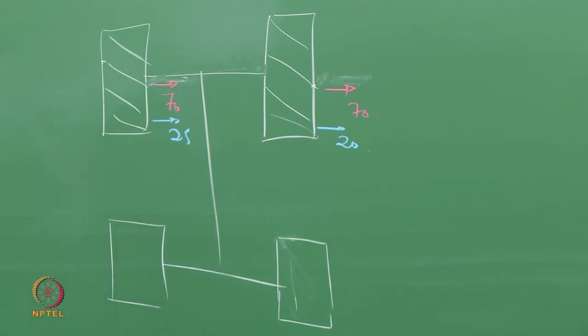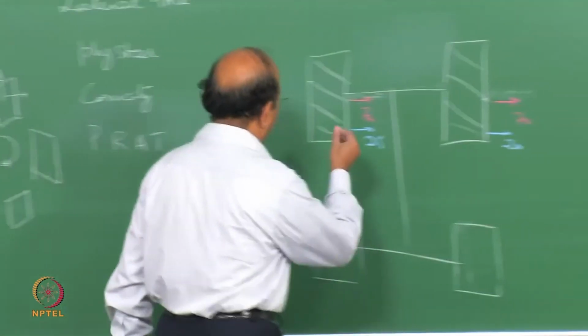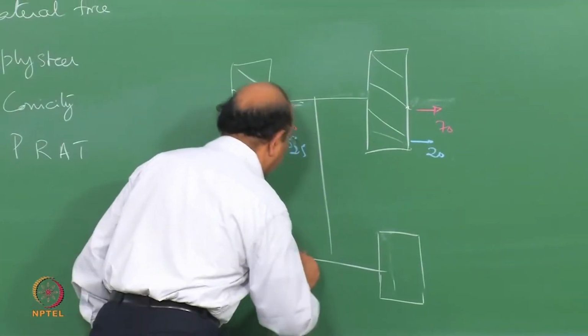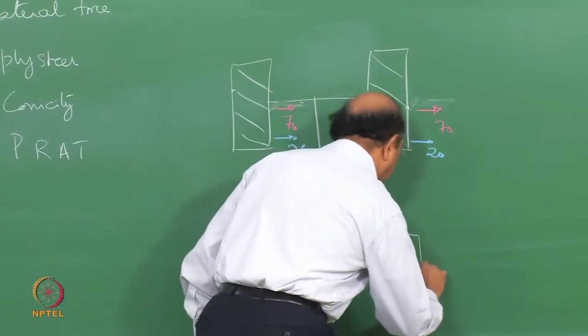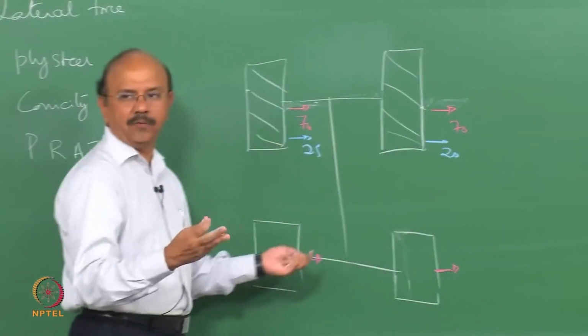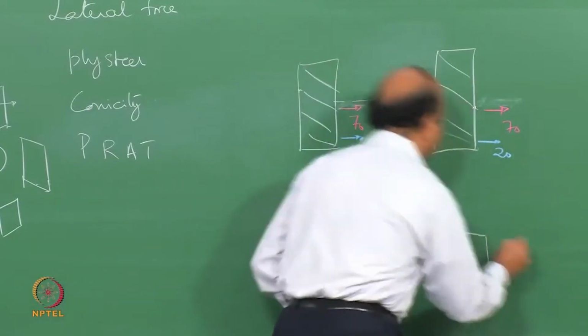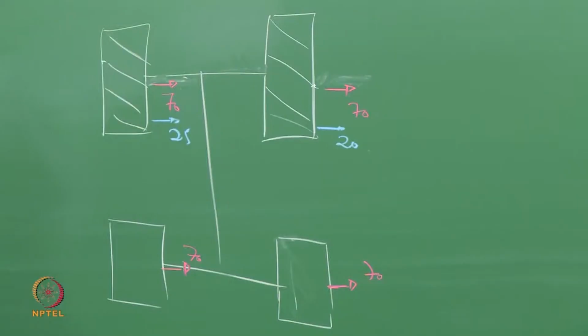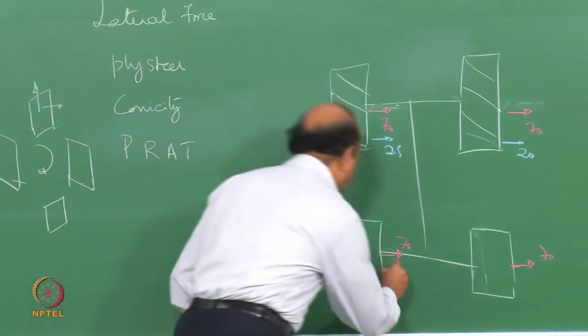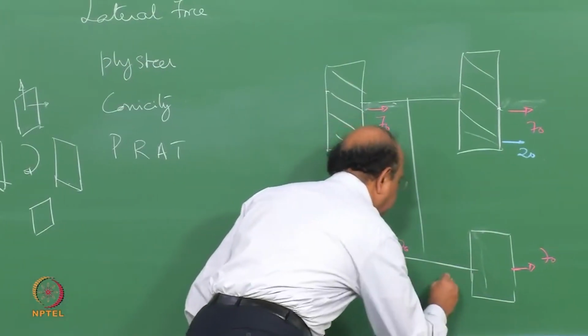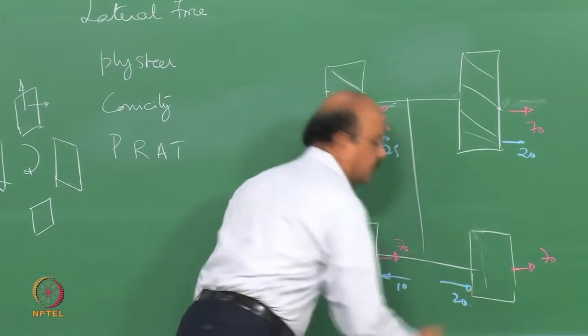Then for the rear tire, let's assume it is the same as 70, because the tire design may not be the same, but let's just assume it's 70 or 60 or whatever it is. Let's say that the rear conicity factor is, say, 10 in this direction and 20 in this direction.